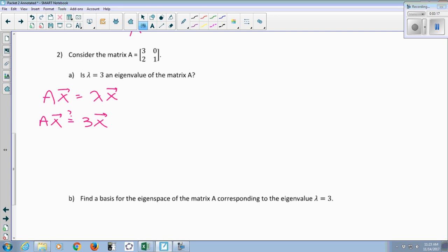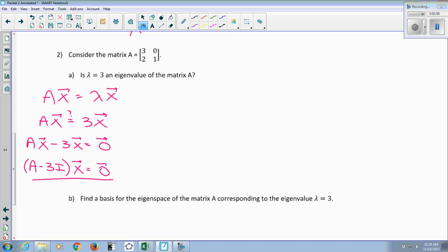In order to solve this, I'm going to do a little bit of manipulating before I plug in my values. This is A minus 3I times x equals 0. I just factored out the x. So this is the equation I need to solve. I did the manipulation because it puts it into a format where we can use RREF to solve it.